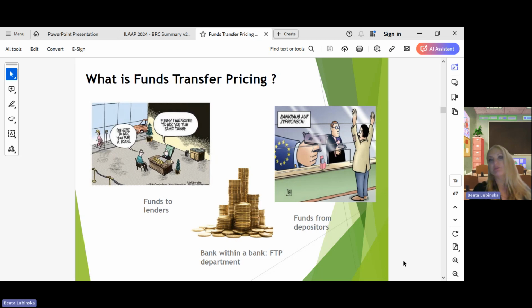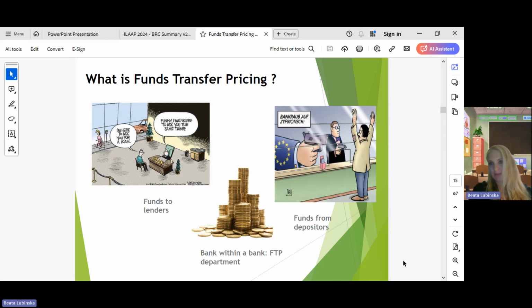What is FTP in banking and how to approach it, because there are different approaches, especially as comes to the FTP curve construct, as comes to the FTP methodological aspects for NMDs, for example, non-maturing deposits, or how to price loans which are subject to credit events such as prepayments, for example, or defaults, and how to deal with this. So let's start. What is funds transfer pricing, first of all?